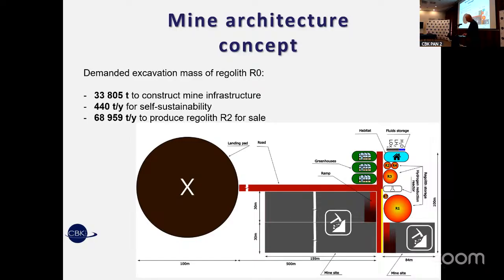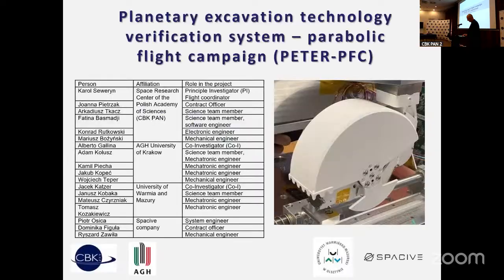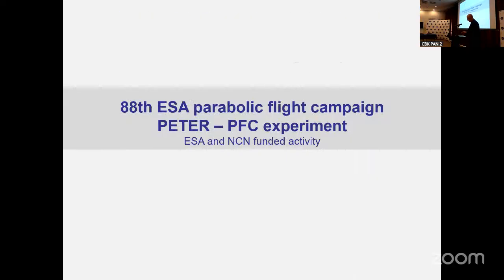Okay, so this is just the context, and now I'm switching to the parabolic flight experiment. As is visible even from that slide, this parabolic flight experiment was funded by ESA and NCN, because it works that way: the PI submits the proposal, ESA gives the slot, but the funding must be secured by the PI.